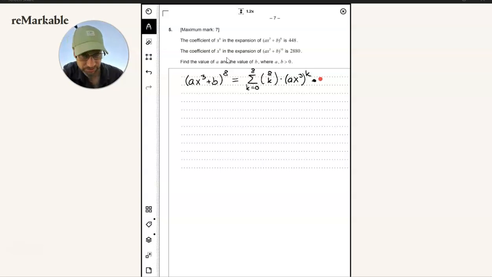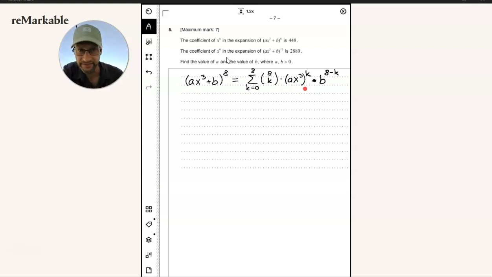Times, yikes, I was just about to write plus, must be the beer, times b to the power 8 minus k. And we have information about the coefficient of x^6. So I want to know when this term has a power of x that is 6.